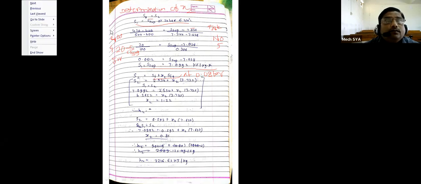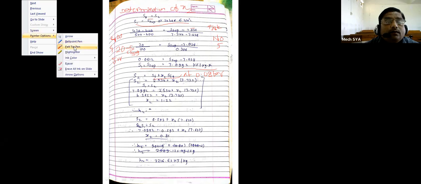So S2 is equal to SF at 0.08 bar, 2.534, plus X2 into SFG at 0.08 bar, which is 3.735. Depending on that, S1 is equal to S2.